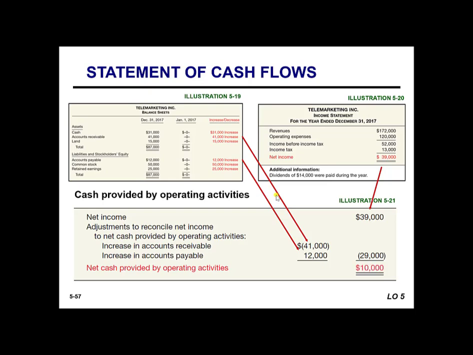And so the net cash provided by operating activities is $10,000. Again, this information is pulled directly from the balance sheet and the income statement into the operating section of the statement of cash flows.